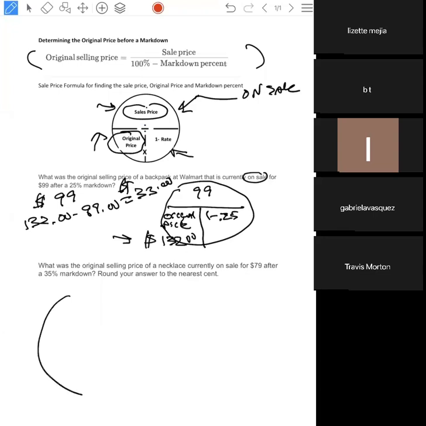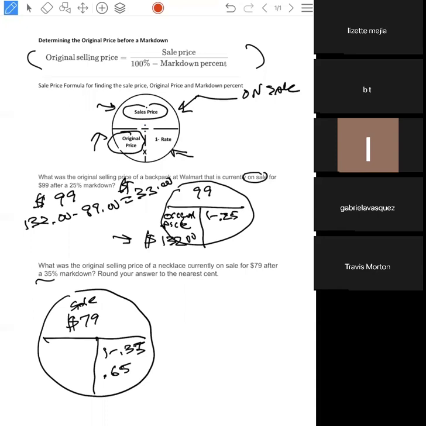All right, so then this one's very similar to that problem. I think I have two of each. What is the original selling price of a necklace currently on sale? So again, sale price is $79, and that includes a 35% markdown. So 1 minus 0.35 equals 0.65.